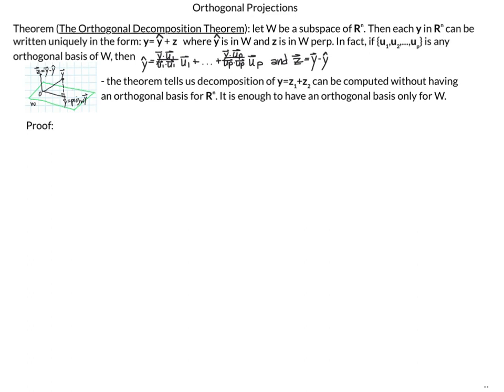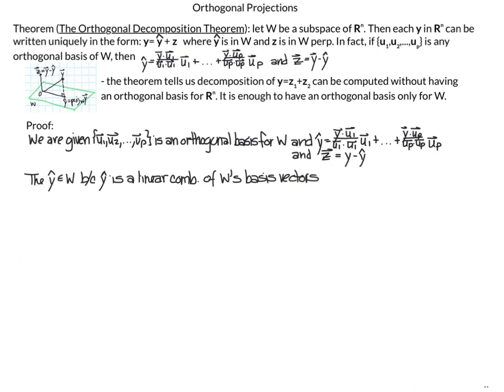So we are given a subspace W of Rn, and an orthogonal basis for W. We want to show that we can write y uniquely in the form y hat plus z, where we're given this formula for y hat and this formula for z. So we're going to show that y hat is in W, and z is in W perp.